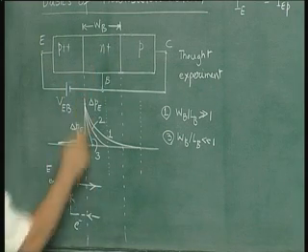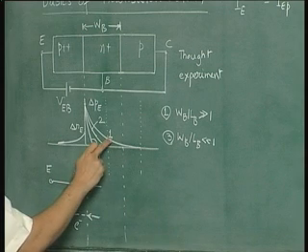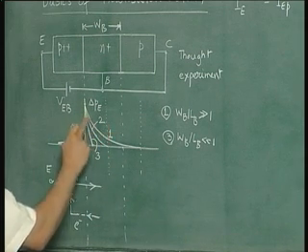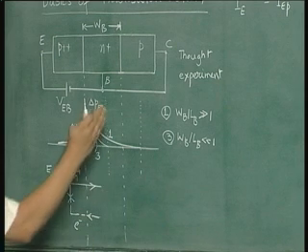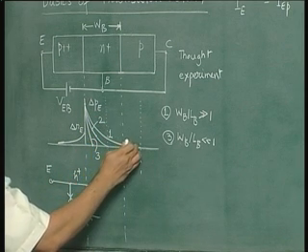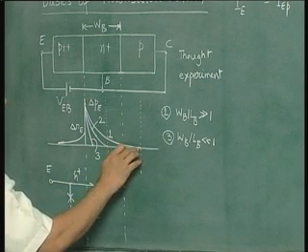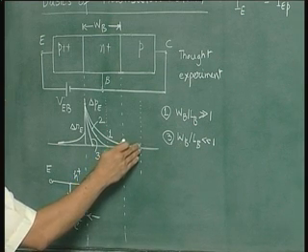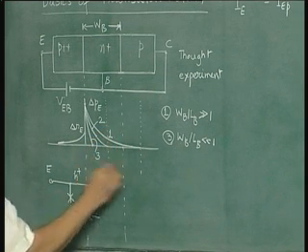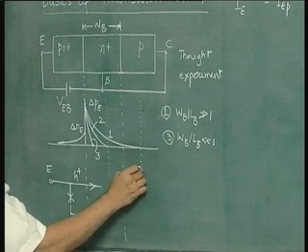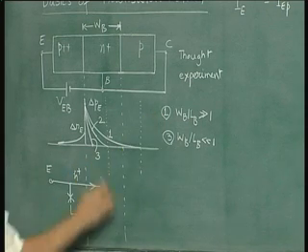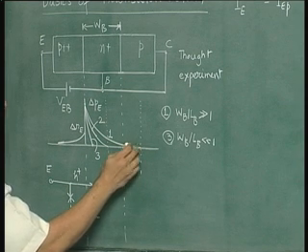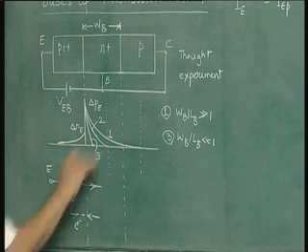Now what happens to these holes? If you take the curve 1, excess carrier distribution 1, the hole current at this edge is given by the slope of this distribution, which is almost 0, because WB, that is, the base width for this particular case, case number 1, is so large, the excess hole concentration here is going to 0, and the slope of this concentration also goes to 0.